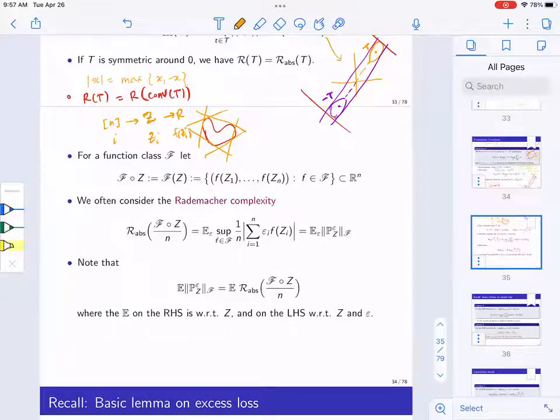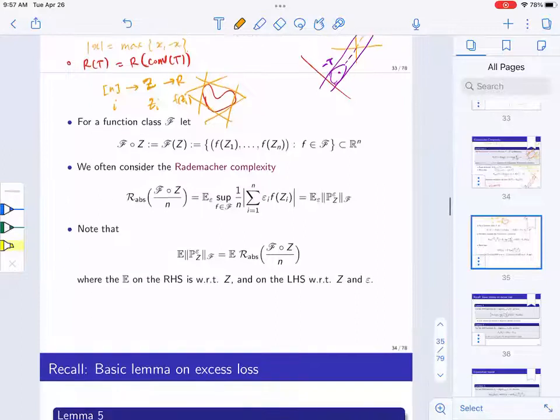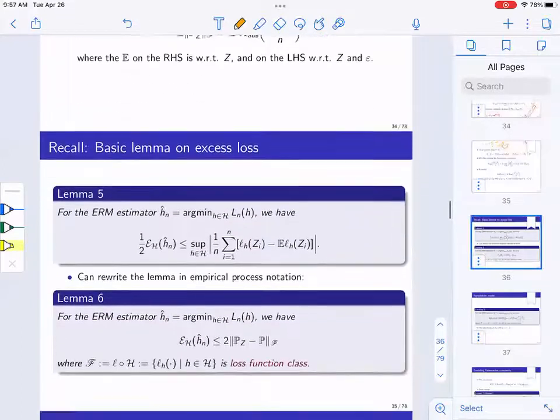If I take another expectation over Z, the expectation of this over both epsilon and Z is the expectation of the Rademacher quantity over Z. That's the quantity that bounds the expectation of the empirical process. This is just some notation.